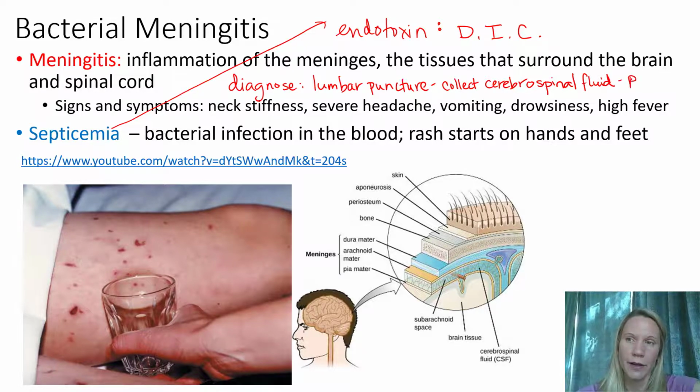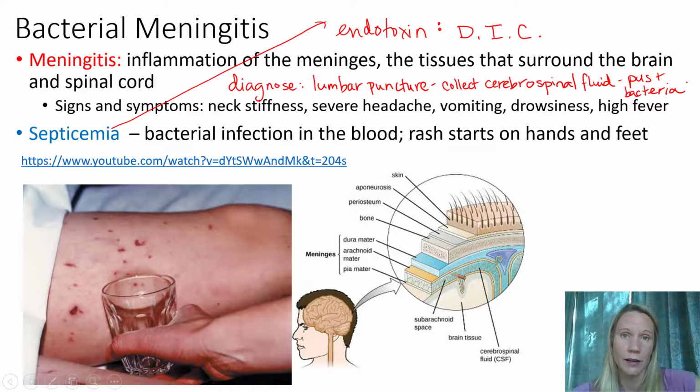They can gram stain the bacteria, they can do a genetic analysis on the bacteria, they can detect the bacteria from a lumbar puncture and know that it is, in fact, bacterial meningitis.